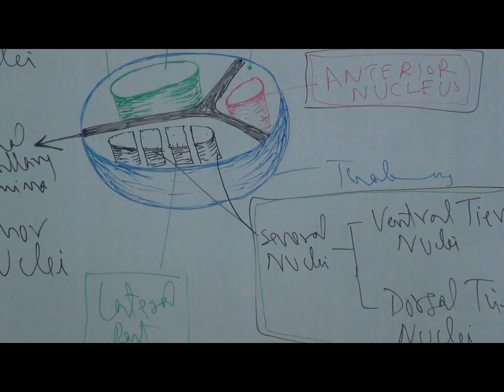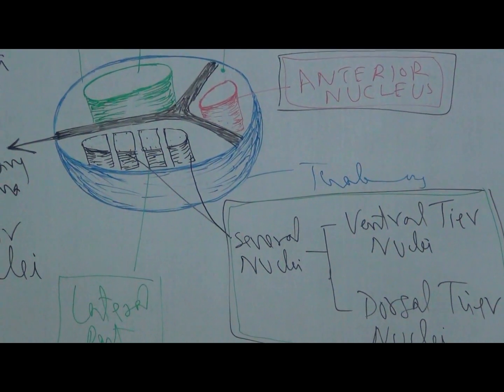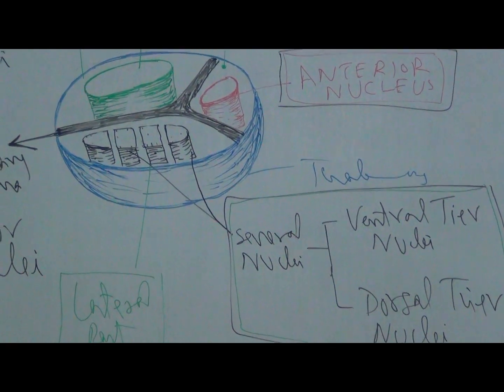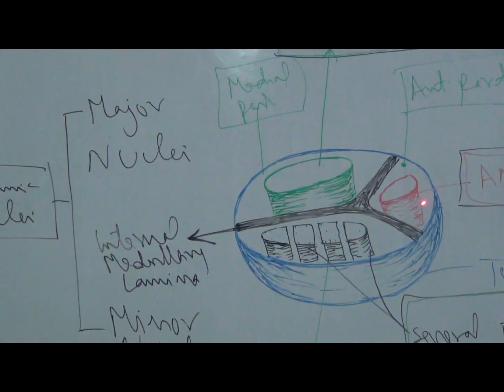So these are major nuclei which are embedded in the gray matter of the thalamus.